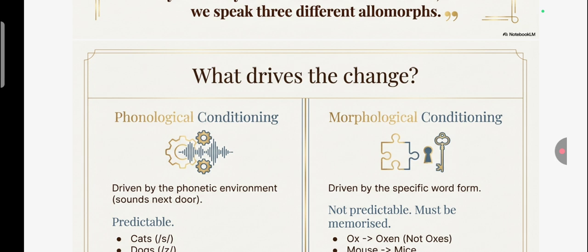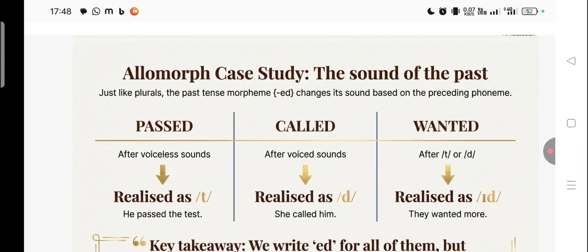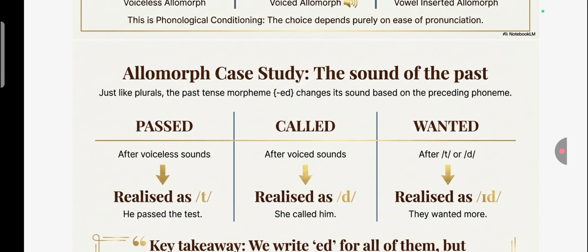The same thing happens with the past tense ed. Now look at these words. Although we write ed in many verbs, we pronounce it differently. For example, in the word passed, we have to pronounce the last two letters ed as T. And in the word called, it should be pronounced as D. And in the word wanted, we have to pronounce it with the pronunciation ID.